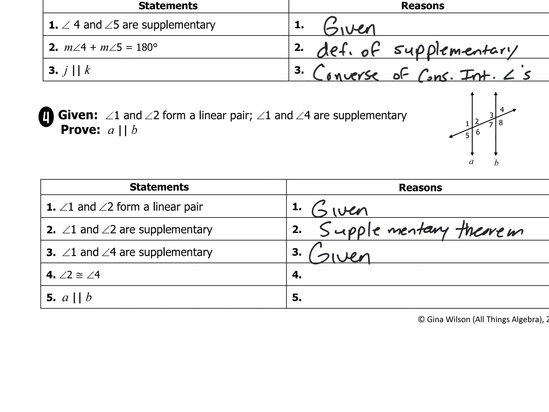And that is the congruent supplement theorem. And so we can say that since angle 2 is congruent to angle 4 based on the congruent supplement theorem, we can say that line A is parallel to line B based on the converse of corresponding angles.